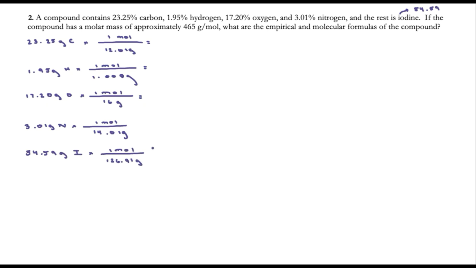So to determine the number of moles for each of these, I'm going to take each of their masses and divide by their molar masses. And remember not to over round. So I'm going to include more digits than I normally would.